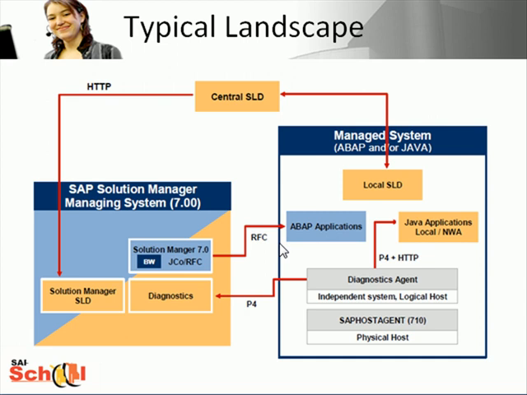You also have trusted RFCs, wherein passwords are no longer sent for logging on to the trusting system. Then you have the HTTP protocol, the Hypertext Transfer Protocol, which is a communication protocol for the transfer of information on the intranet and the World Wide Web.